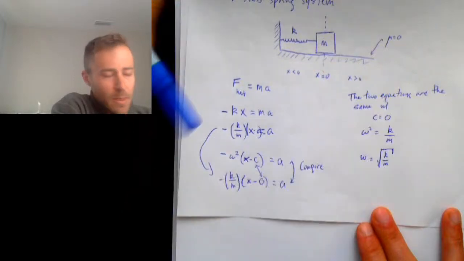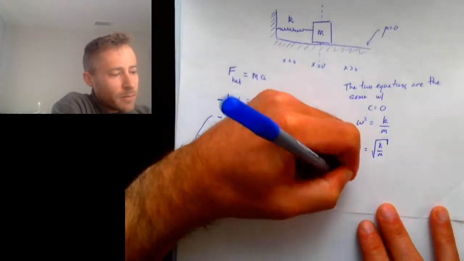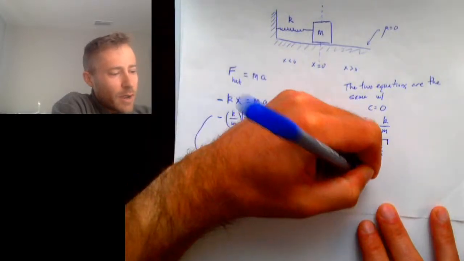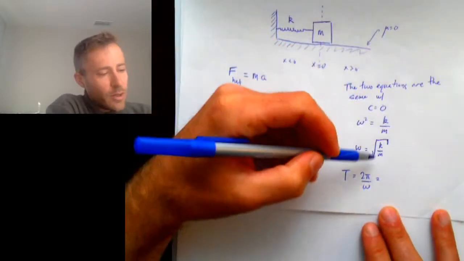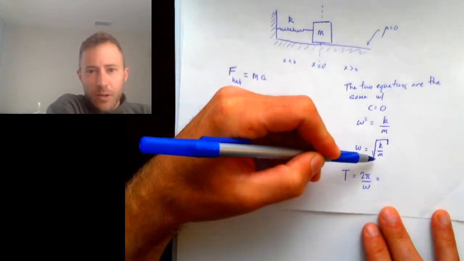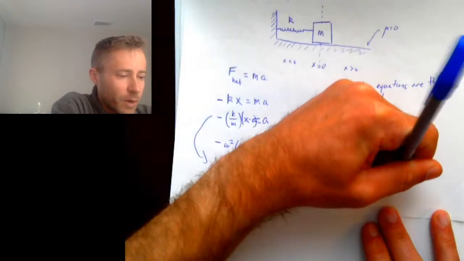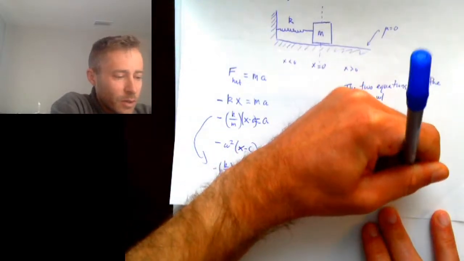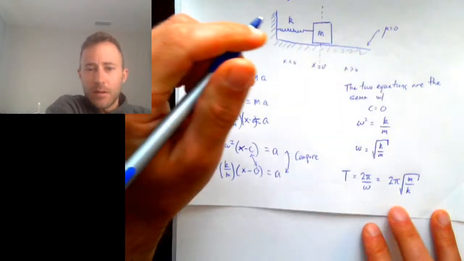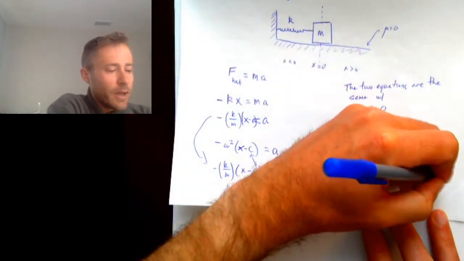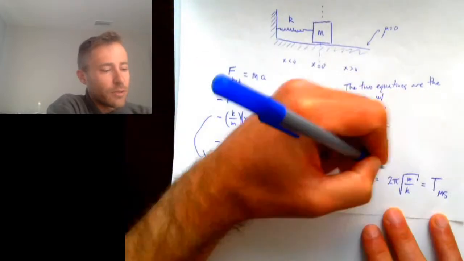Which then says that the period is 2 pi over omega, which would be, now if you invert root k over m, we get root m over k. All right. So we have 2 pi square root of m over k. And that is the period of the mass spring system.